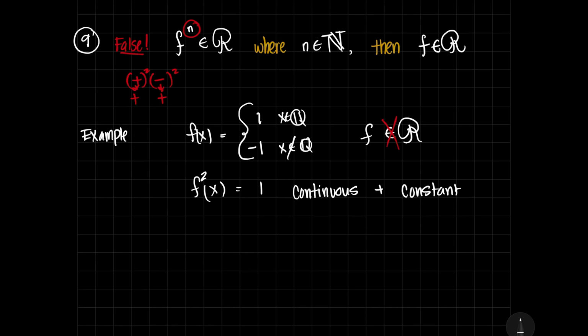For this one we end up with an integrable function, but our original function is not Riemann integrable. So this makes our entire statement from the beginning, for any n in the natural numbers, false.